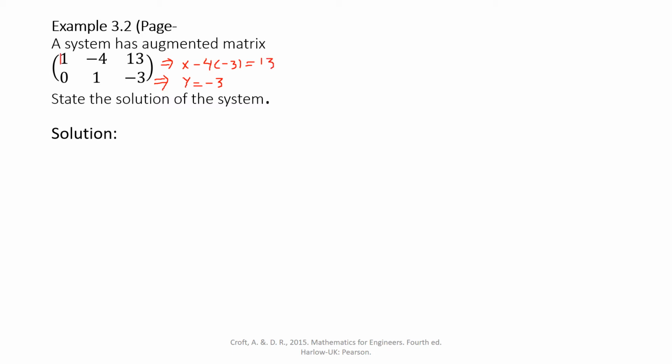This first column represents x coefficients and this one represents y coefficients, and in the augmented matrix they are the right side of the system of linear equations. Right side means after the equality symbol. Well, if we do it, the x value comes out as how much?